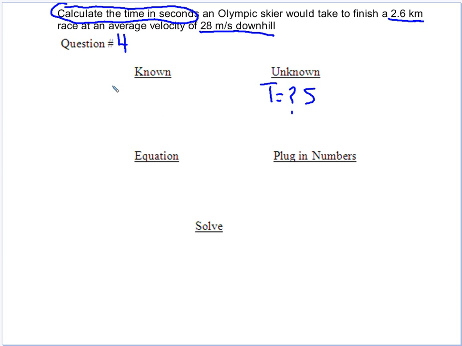So we know that our distance equals 2.6 kilometers and our velocity equals 28 meters per second downhill. Now, one thing I want to point out at this moment is when you have units that do not match on your known values.